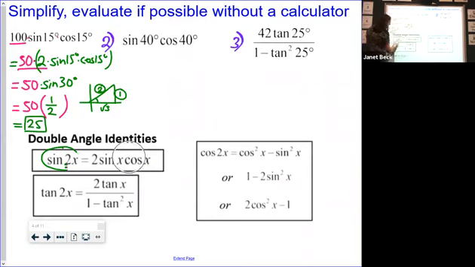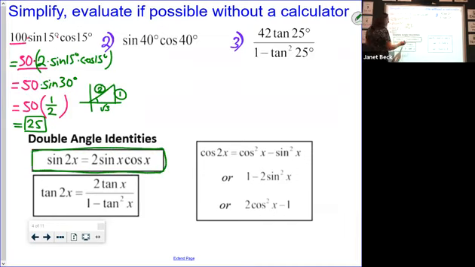The second problem on this page, I think, is the hardest. Looks really quite simple, but it's kind of the most confusing. You can see we've got a sine times a cosine. Now, the only one of these identities that has just a sine times a cosine is this double angle identity.